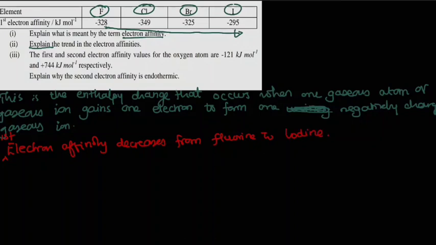These are the factors which we discussed. So from fluorine to iodine, what's happening? Both nuclear charge and screening effect are increasing, right?